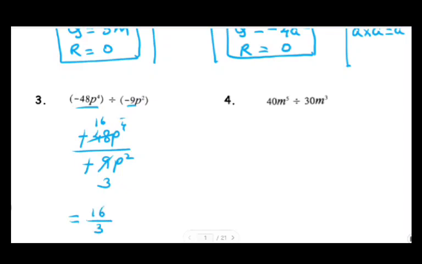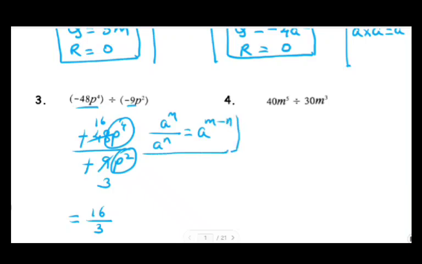But what happens to this p raised to 4 and what happens to this p square? As per rules of indices, a raised to m upon a raised to n is equal to a raised to m minus n. Going by this law of exponents, we are left with p raised to 4 minus 2, which gives me p raised to 2, or p square.